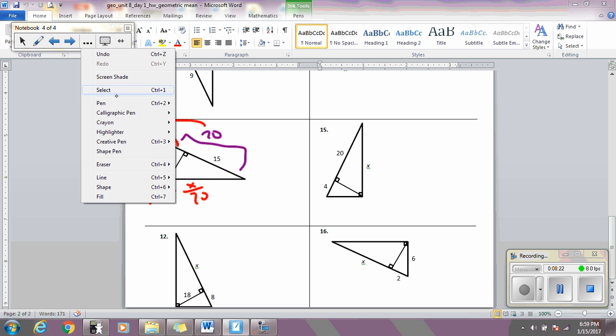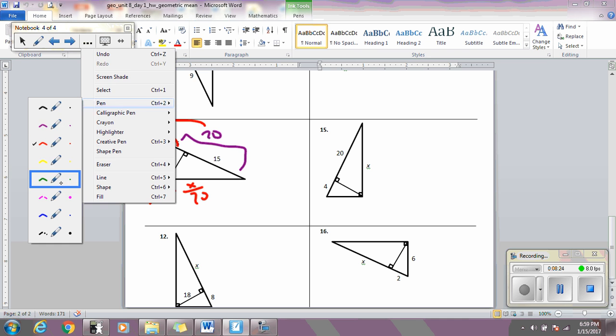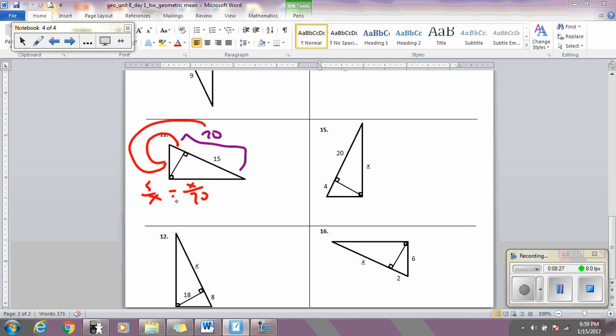Now we cross multiply. x times x is x squared. Set it equal to 5 times 20, which is 100. Take the square root of both sides, and x is equal to 10.